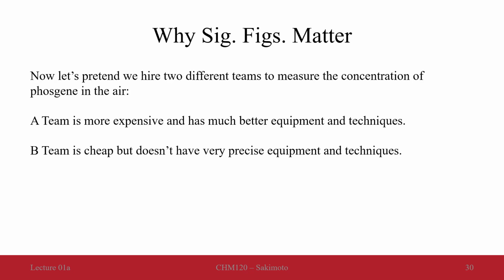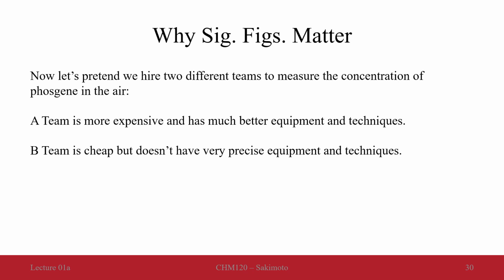Now let's pretend that we are concerned about the amount of phosgene in the air around us, and we hire two different teams of scientists to measure the concentration of phosgene in the air and tell us, is it safe to go back into this contaminated area? The two teams we have: Team A, which is a more expensive team.